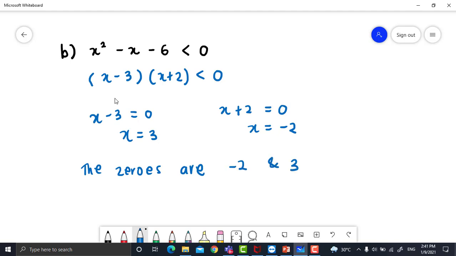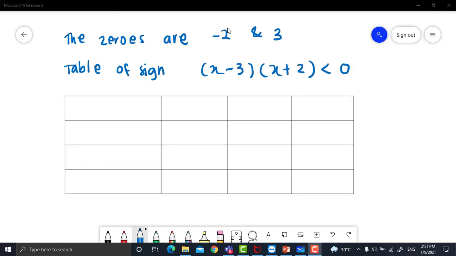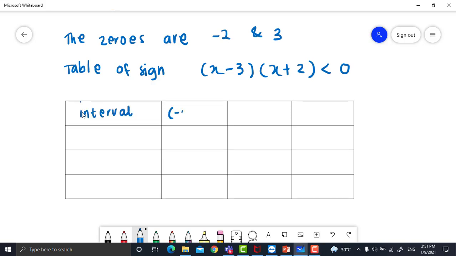Next, construct table of sign for x minus 3 multiply x plus 2 less than 0. Based on the zeros, the intervals start from negative infinity to negative 2, followed by negative 2 to 3, and 3 to positive infinity.